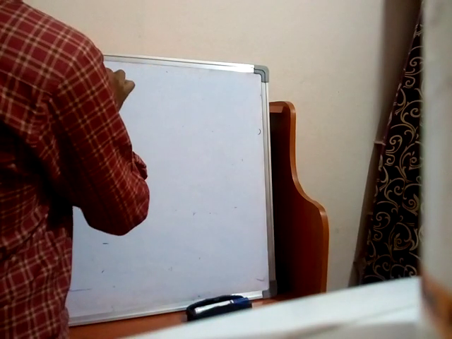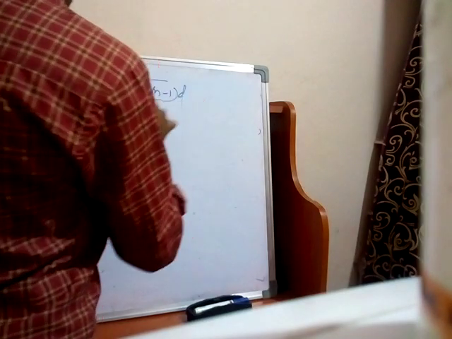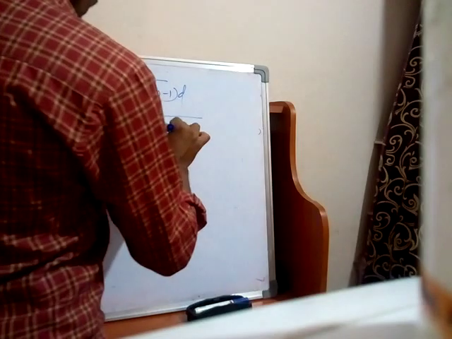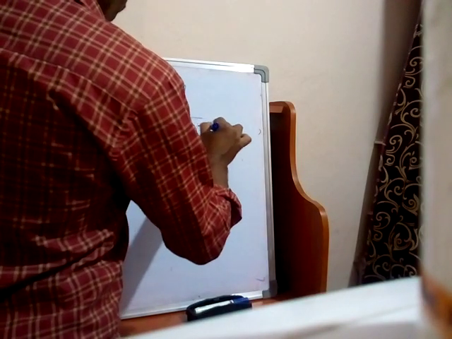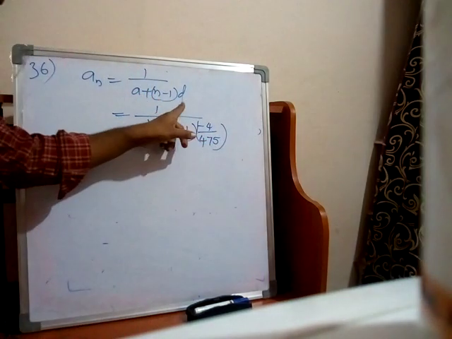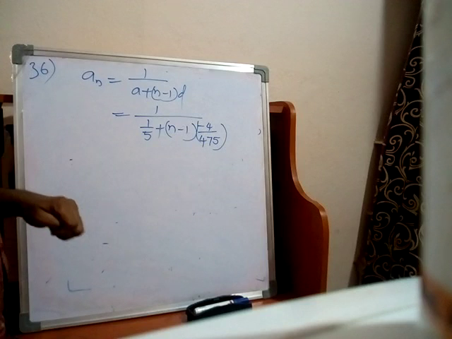So now take an is equal to 1 by a plus (n minus 1) into d. 1 by 5 plus (n minus 1) into what is the d value? Minus 4 by 475. The d value is minus 4 by 475, the a value is 1 by 5.